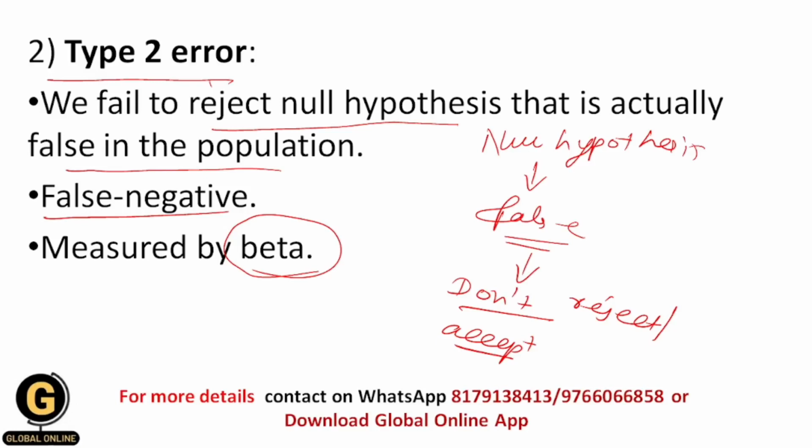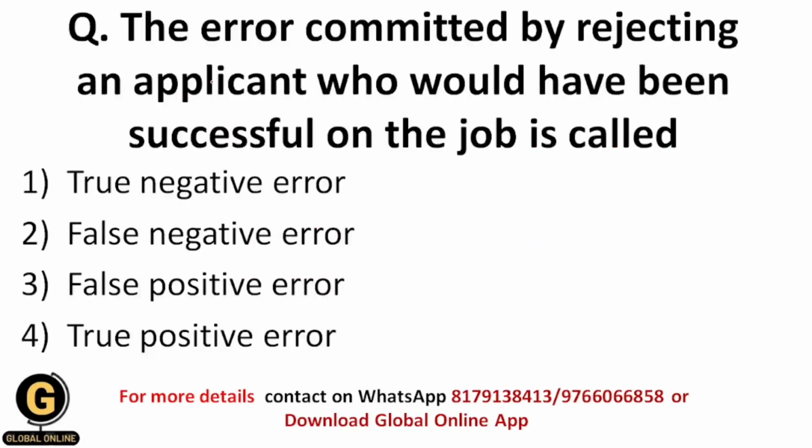Now students, let us see the question. The error committed by rejecting an applicant who would have been successful on the job is called. This is a question regarding errors in the testing of hypothesis. Which error do we commit when we reject an applicant who would have been successful on the job?